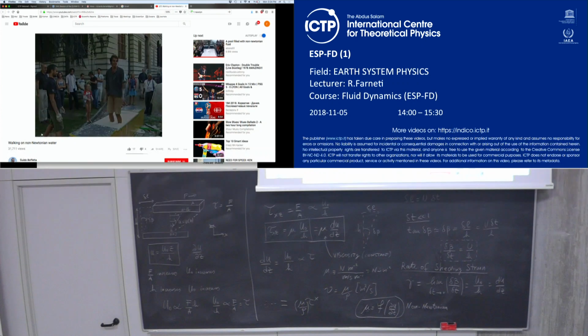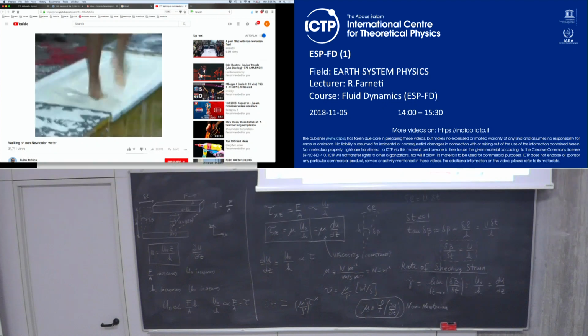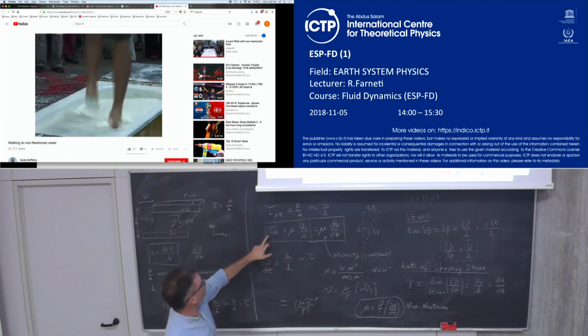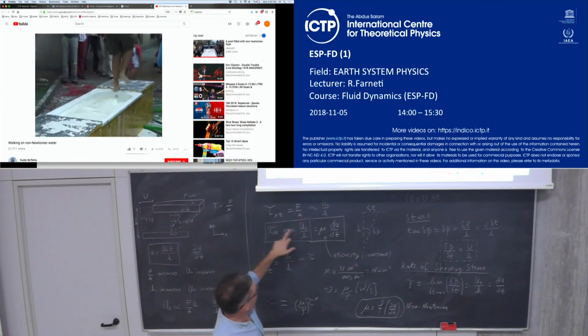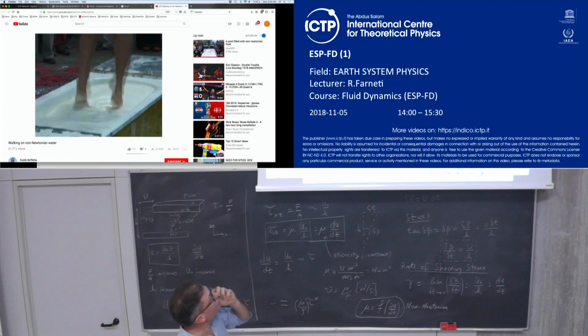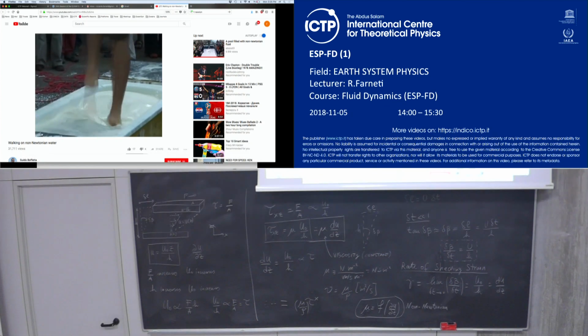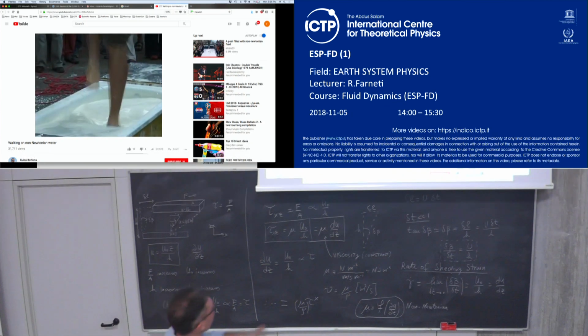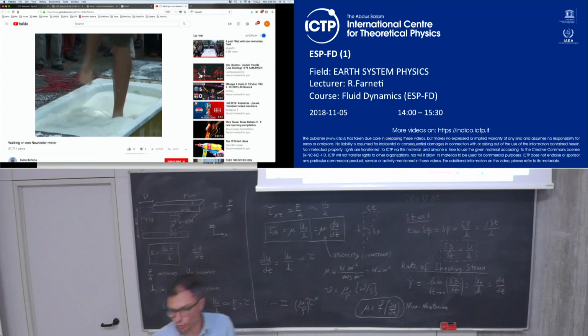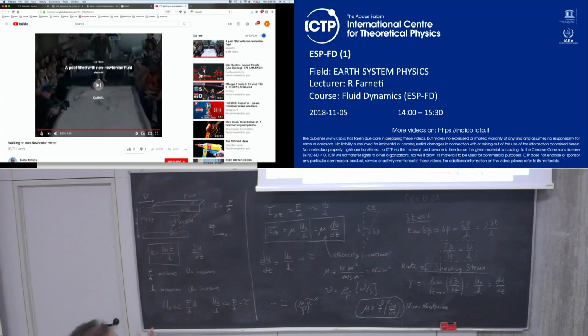But as long as you apply a force to the fluid, so as long as you apply a shear stress, viscosity is increasing because it's a shear thickening, and it has to be a strong enough force acting on that fluid to make the viscosity grow as much as becoming close to a solid. Okay? And as soon as you stop applying the force, the fluid goes back to its normal viscosity and it's fluid.